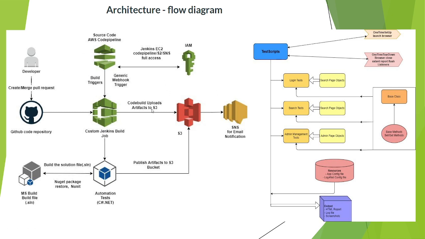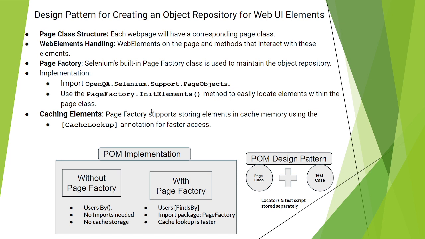Now let's move to the next step, the design pattern. What is a design pattern for creating an object repository for web elements? For C# also you will be using the concept of the page object model design pattern. It will have a page class structure.